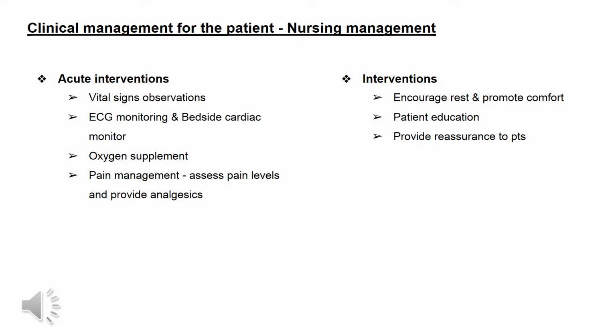Assess pain levels using a pain scale from 1 to 10 and provide analgesics, for example, glyceryl trinitrate and morphine. Monitor respiratory rate and signs of respiratory distress if morphine is used. Reassess pain levels to see the effectiveness of the analgesics.